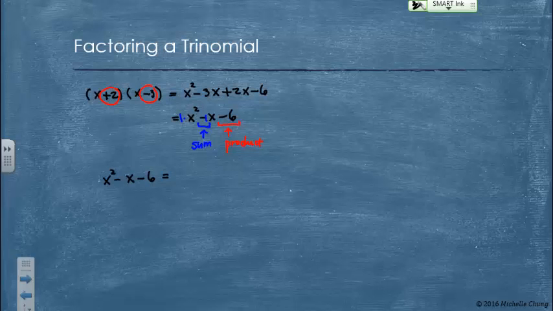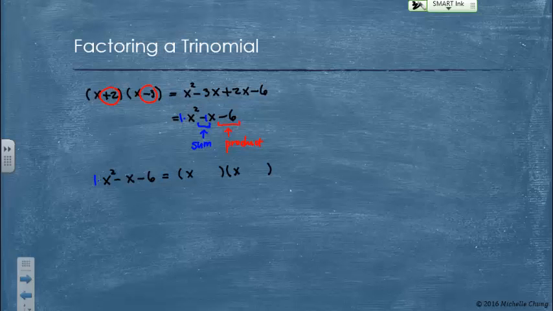First you have to check what you have for the coefficient of x squared. If you have 1, this is simple. You will have two binomials, x plus a and x plus b. And as you've seen, those a and b are factors of 6.